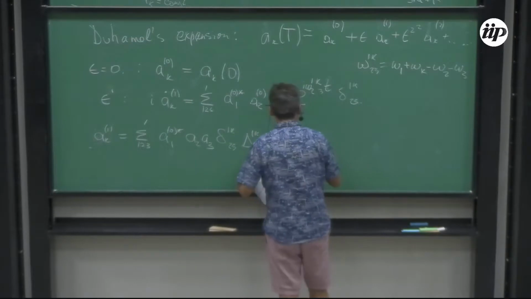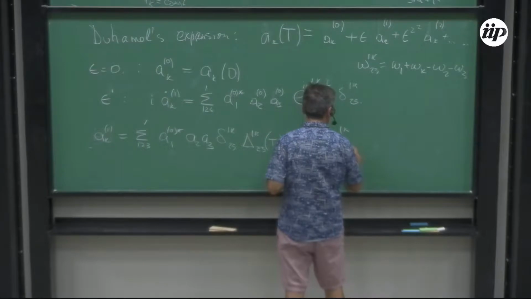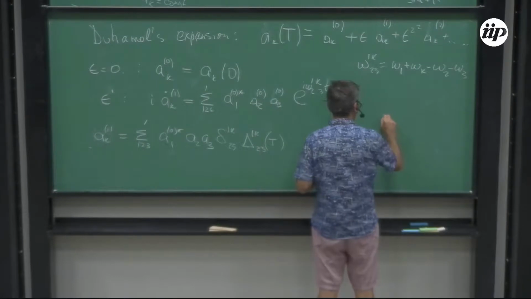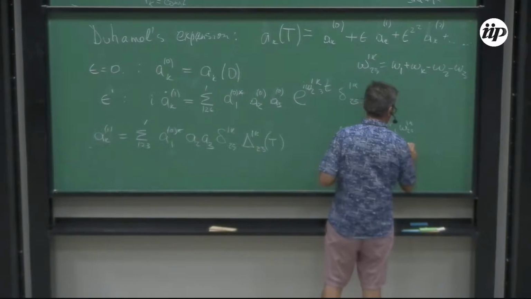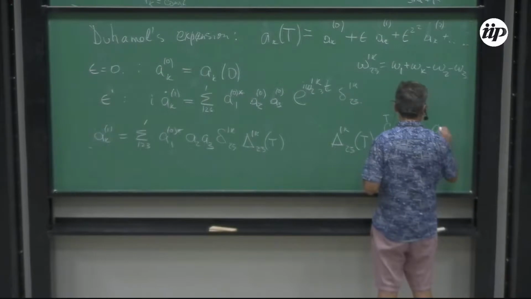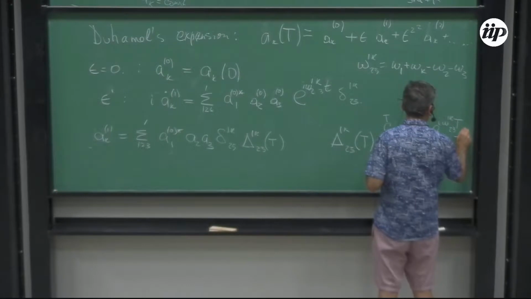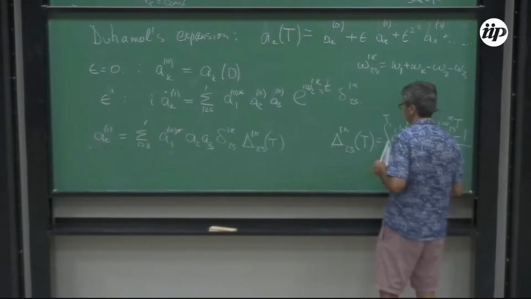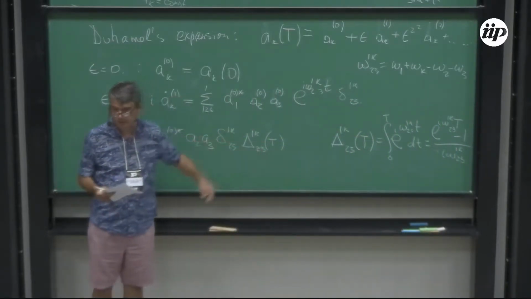So I introduced a notation for the following integral, which is simply... I introduce this notation because I will have to write it a few times, so that I keep it short.